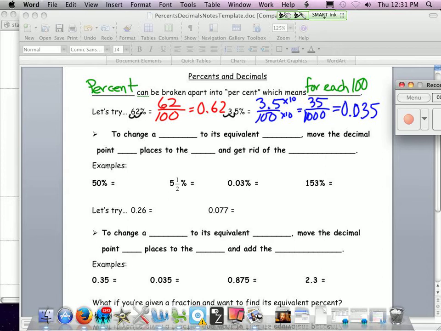So instead of going through the whole process of turning it into a fraction with some power of 10 in the denominator, we can just swoop. So to change a percent to its equivalent decimal, move the decimal point 2 places to the left, and get rid of the percent sign.